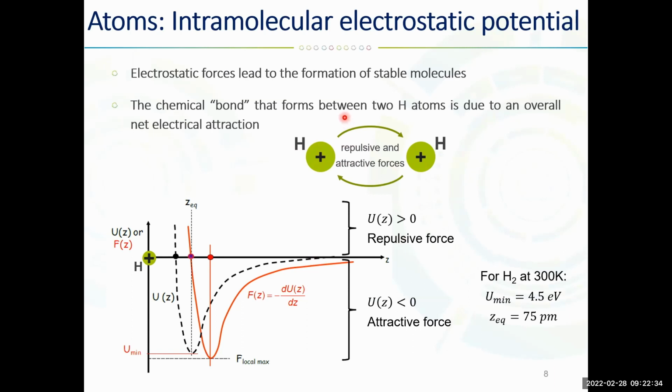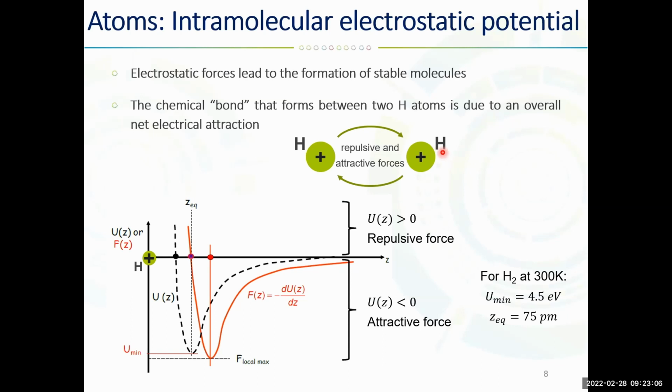What also is happening is that the two atoms are brought close to one another, and the positive nuclei of the two atoms can repel each other. This is a repulsive interaction, and that will be taken into account as well. Likewise, the two electrons associated with each hydrogen atom have negative charges.